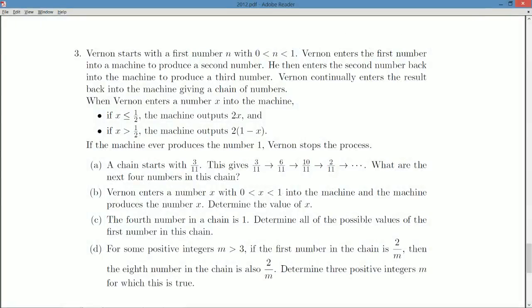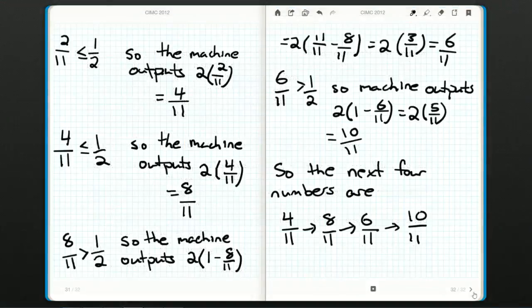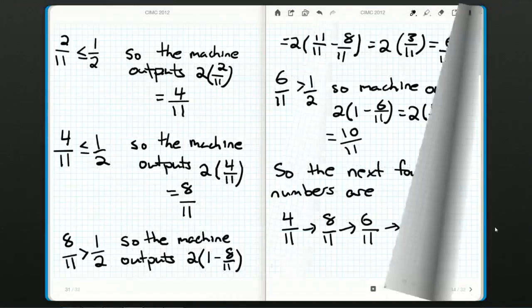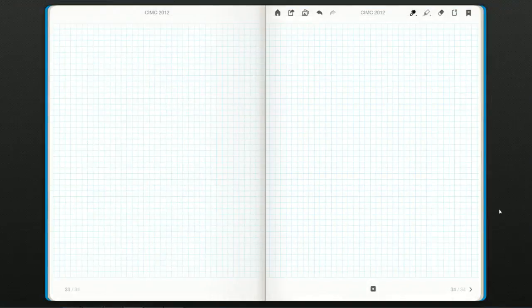Part B. Vernon enters a number x, and it's between 0 and 1. And he enters it into the machine, and the machine returns that same number back to him. Determine this value. Sounds straightforward enough. So when we enter x, we have 2 possibilities.